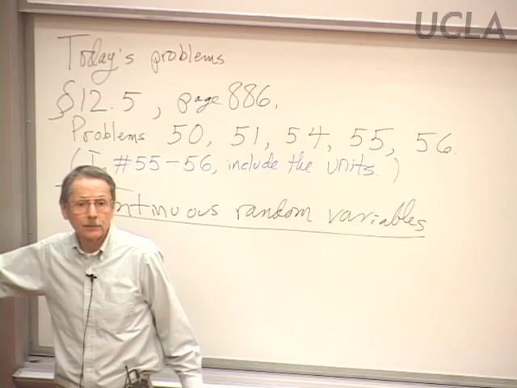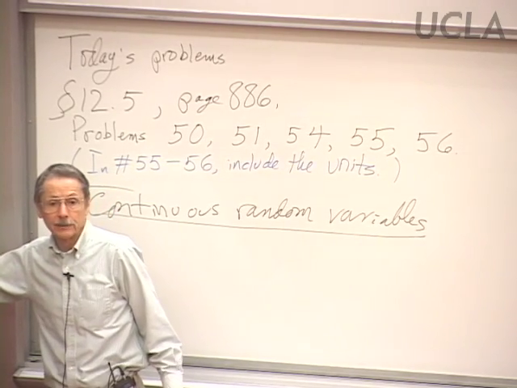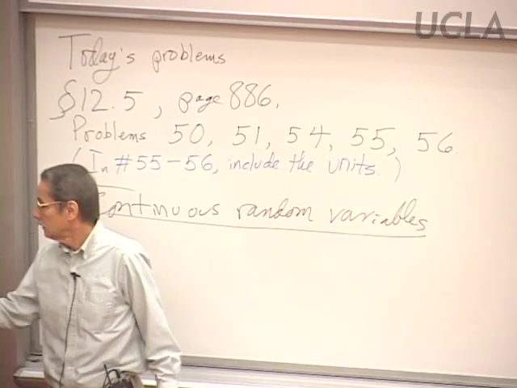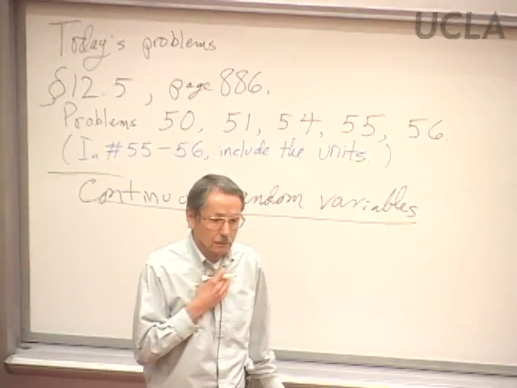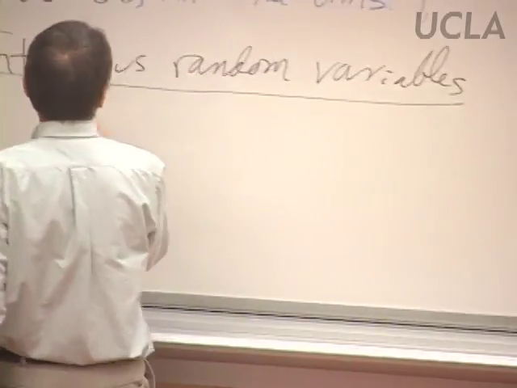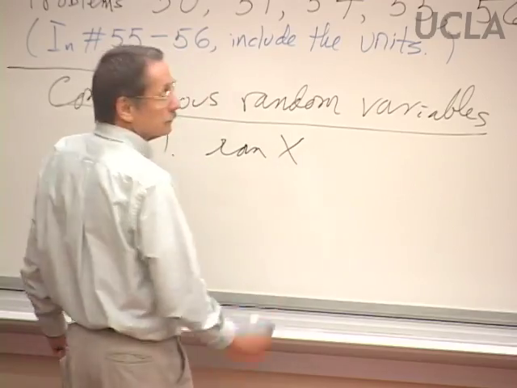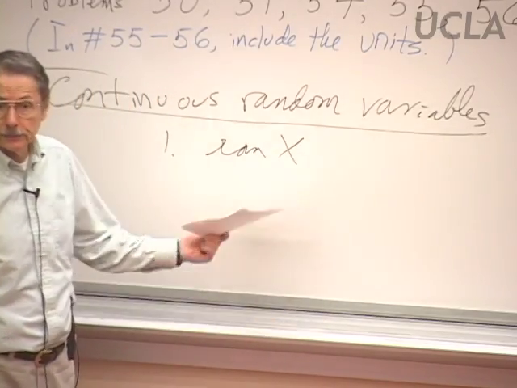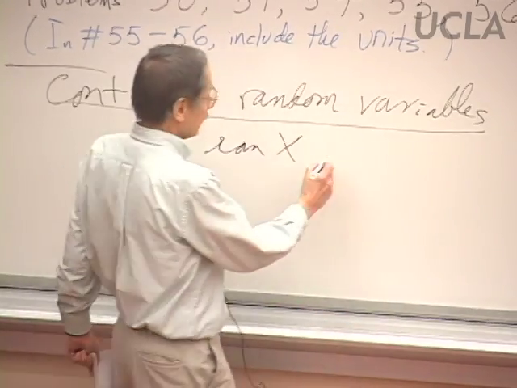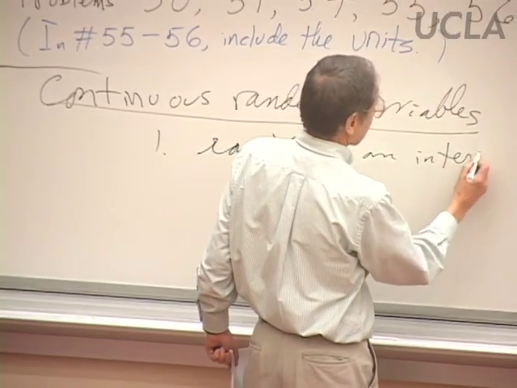Okay, so last time we were talking about continuous random variables, in contrast to the discrete random variables we had before. So the range of a continuous random variable is an entire interval, possibly infinitely long.